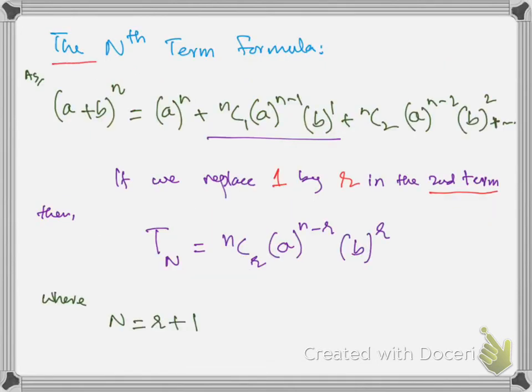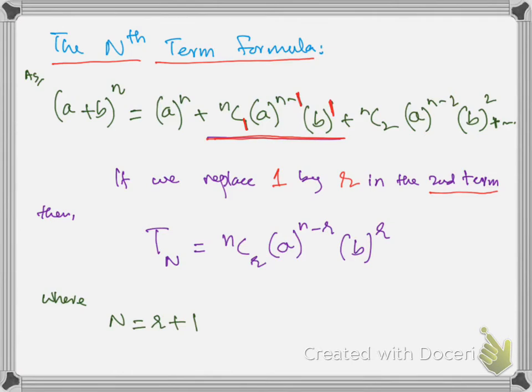Now let's discuss the nth term formula. The nth term formula can be made by using the theorem. If you look carefully at the second term, and if we replace all the ones of the second term by r, then we will get this Tn formula.